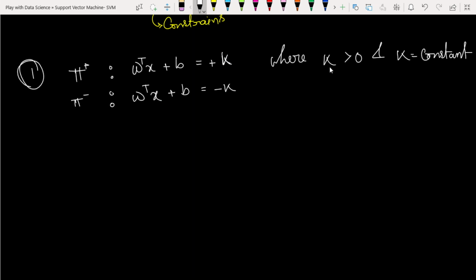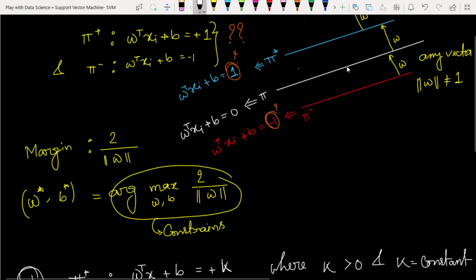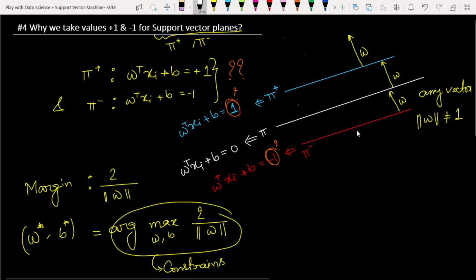Why should k be greater than 0? Because we are interested in taking our optimal support vector planes at an equal distance from our optimal plane pi.